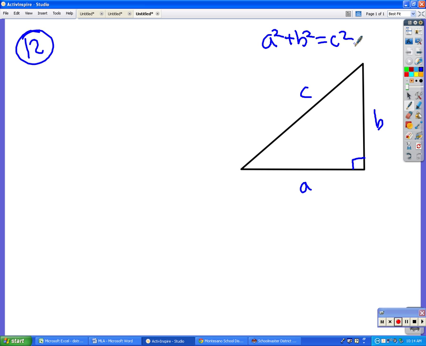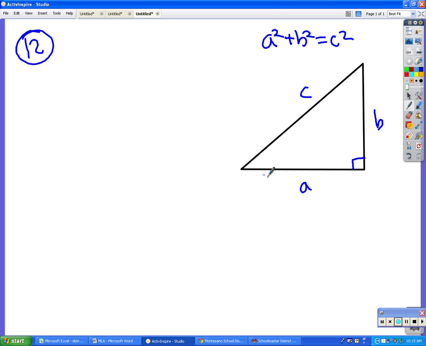The idea behind it is that if you have a right triangle, which means a triangle with a 90-degree angle, which means this little symbol right here, then a squared plus b squared will always equal c squared. And you need to know the difference between a, b, and c. A and b are totally interchangeable. Doesn't matter which one you use as a and which one you use as b. But c is its own creature.